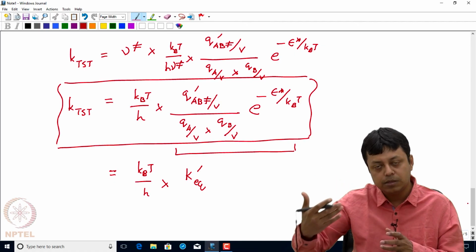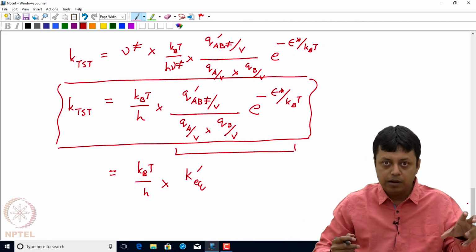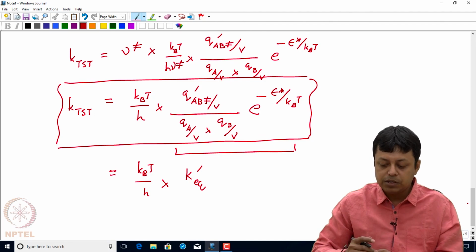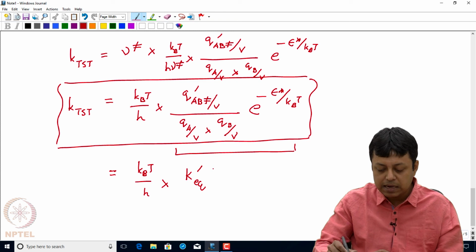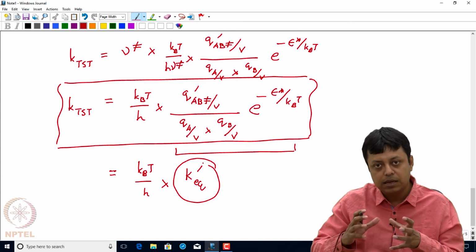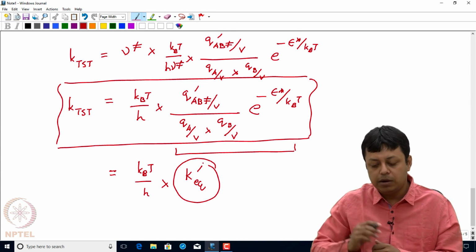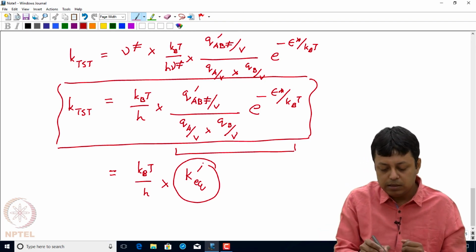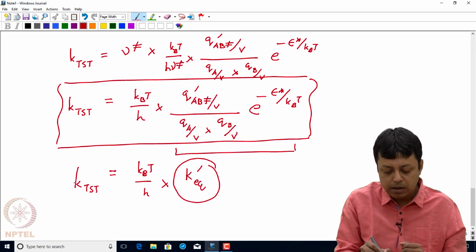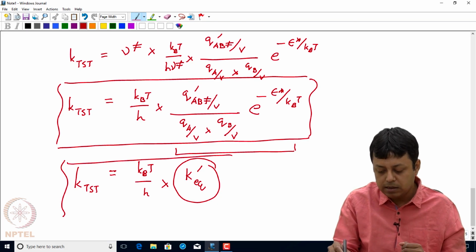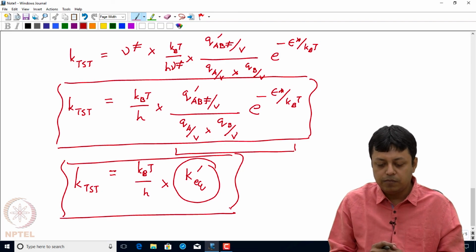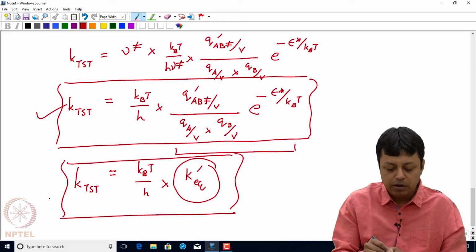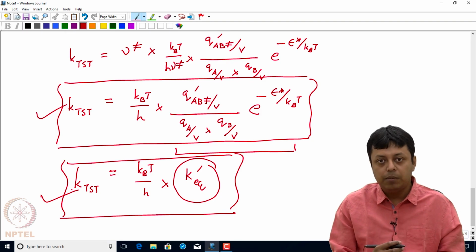I expressed it in terms of the partition function, took out that degree of freedom, recombined the partition functions, and wrote this entire thing again as an equilibrium. But this is a special equilibrium; it basically does not have one particular degree of freedom. Now this expression will also be useful for discussing some important factors, which we will see soon. First we will see what the expression for transition state theory is for a bimolecular reaction where the molecules are structureless.